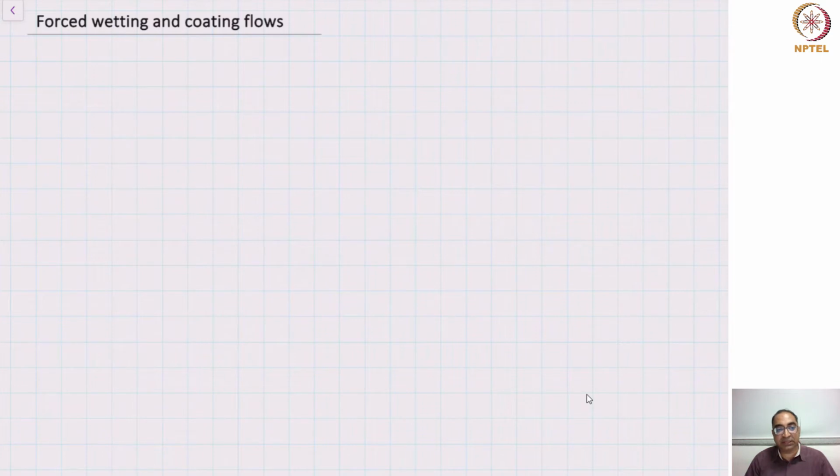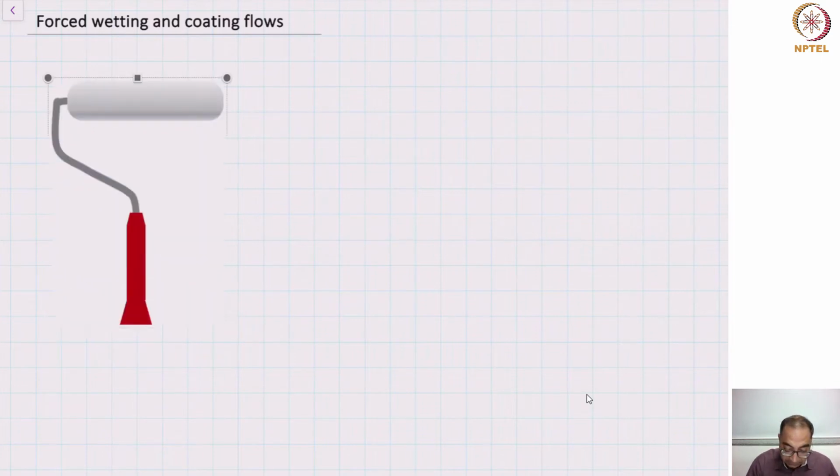One of the common examples where we would see forced wetting is a painter using a paintbrush. In this process, the painter takes the paintbrush and dips it into a bath of paint, and then when you pull it out, paint gets coated onto the brush.